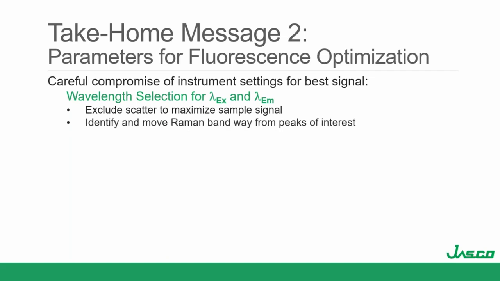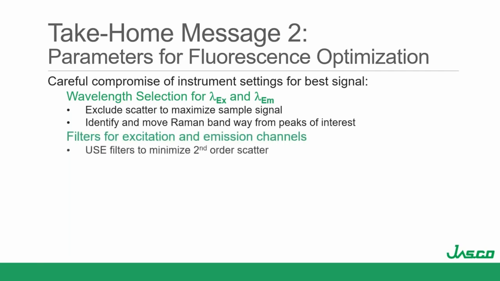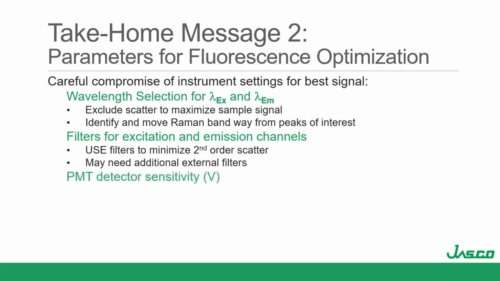Identify and move that Raman band away from peaks of interest. Use filters for excitation and emission channels. The internal filter sets can be used to get rid of that second order scatter and also just reduce other stray light. You may need additional external filters if you work at longer wavelengths.